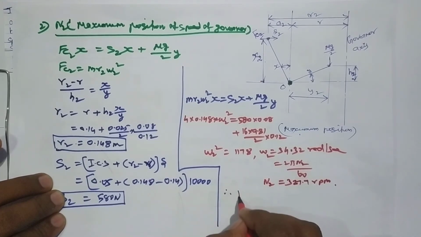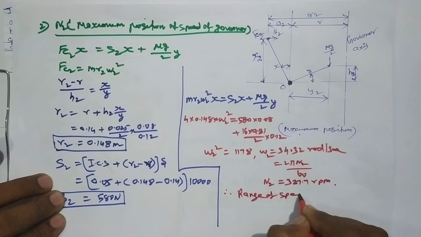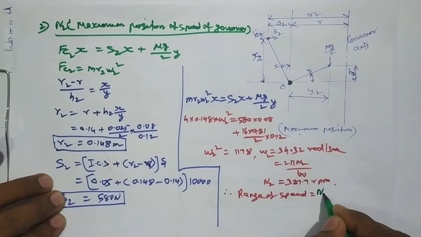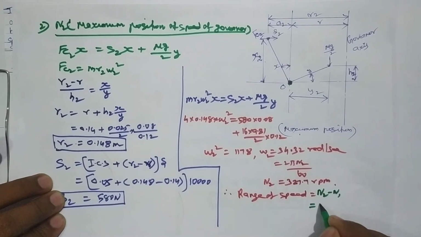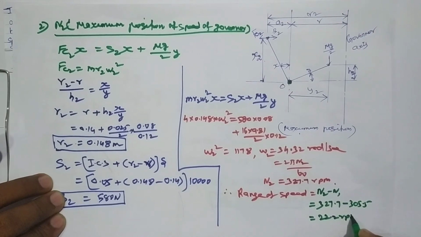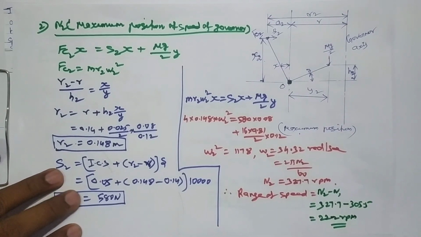So therefore range of speed equal to n2 minus n1, that is equal to 327.7 minus 305.5, so that is equal to 22.2 rpm, right?